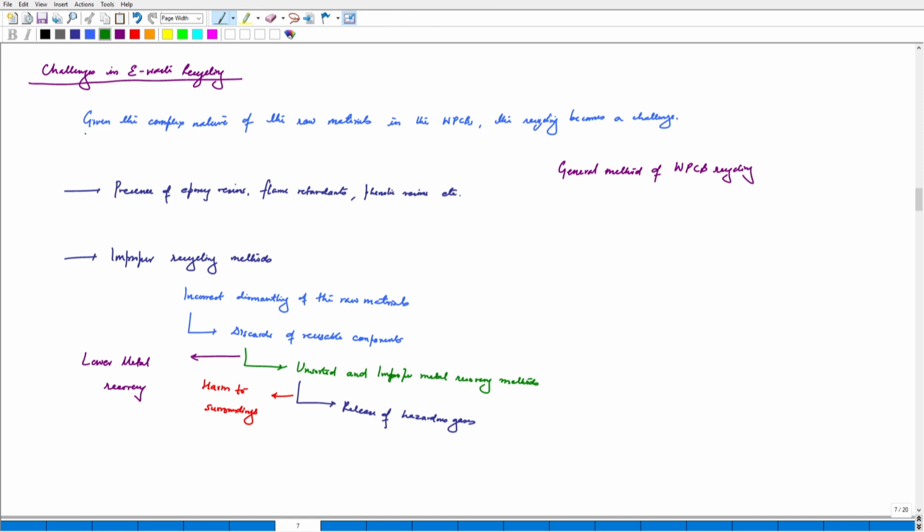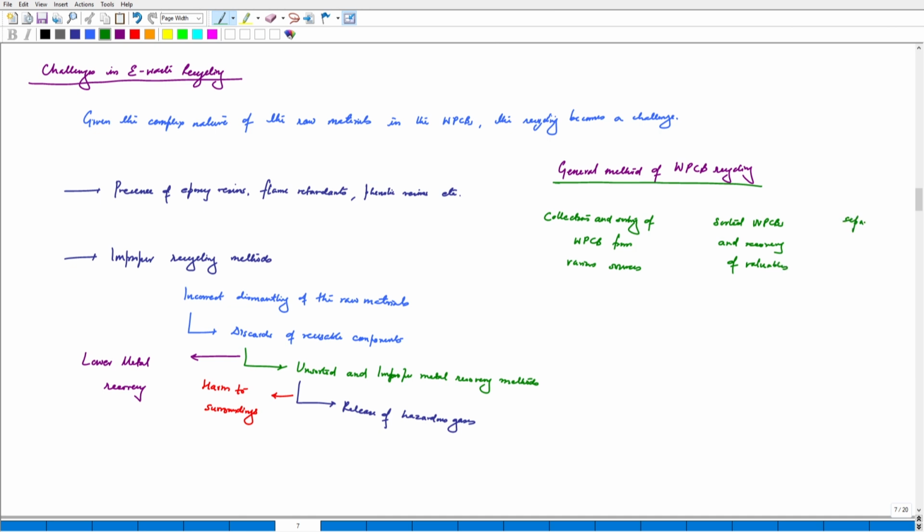will involve, and we are not even going into recycling, we are just starting to see what are the initial steps which are basically crucial: collection and sorting of WPCBs from various sources. And then we have sorted WPCBs and recovery of materials, valuables.